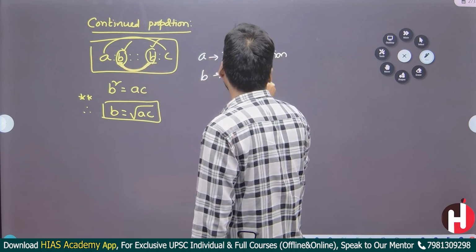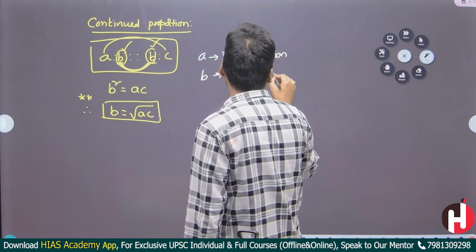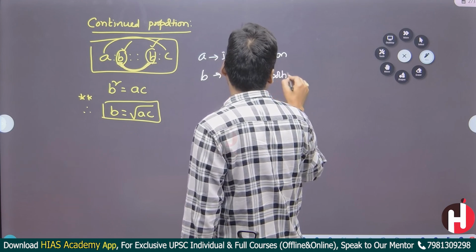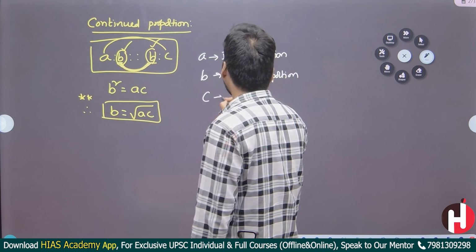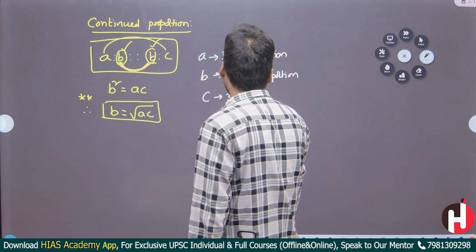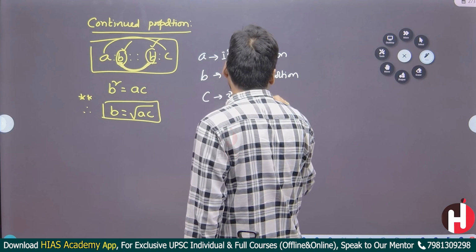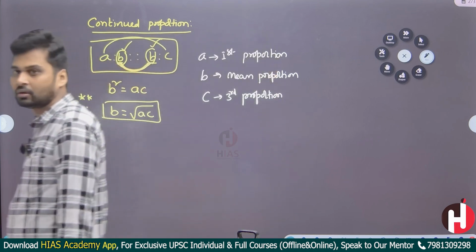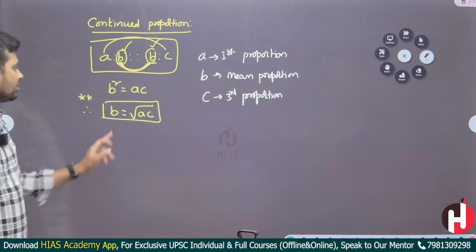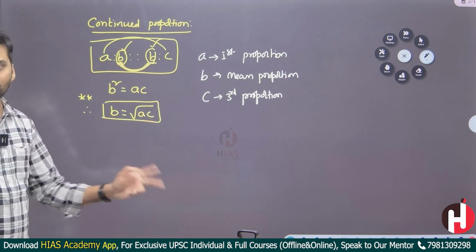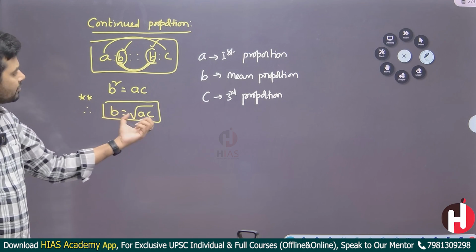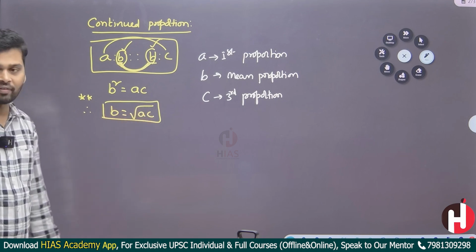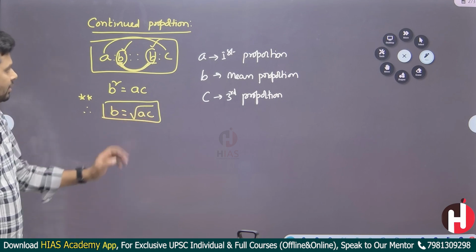It's a very, very important number. And C is called the third proportion. Okay, if we are asked to find the mean proportion of two numbers, it is nothing but the square root of AC. Okay, first you write this down.